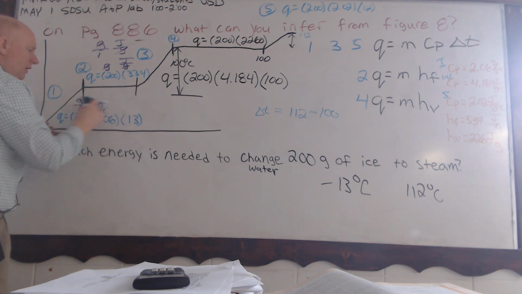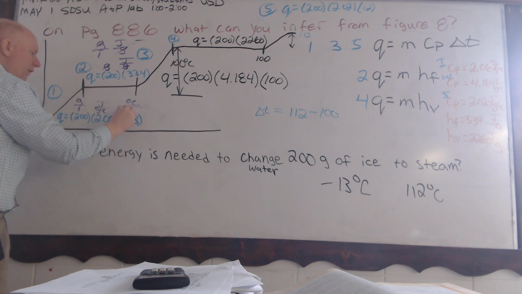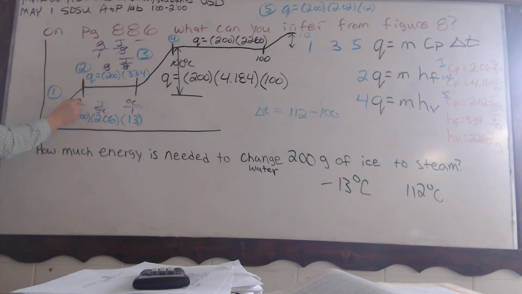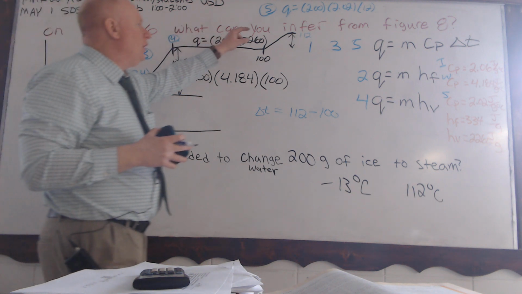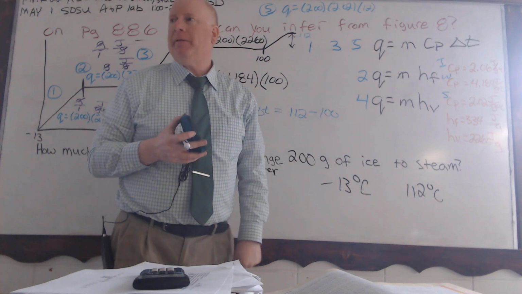This is degrees centigrade over 1. What happens to your grams just like up here? What happens to your degrees Celsius? What are you left with? And joules is a measurement for what? For heat. Okay? So once you find 1, 2, 3, 4, and 5, the quantities, you add them all together.